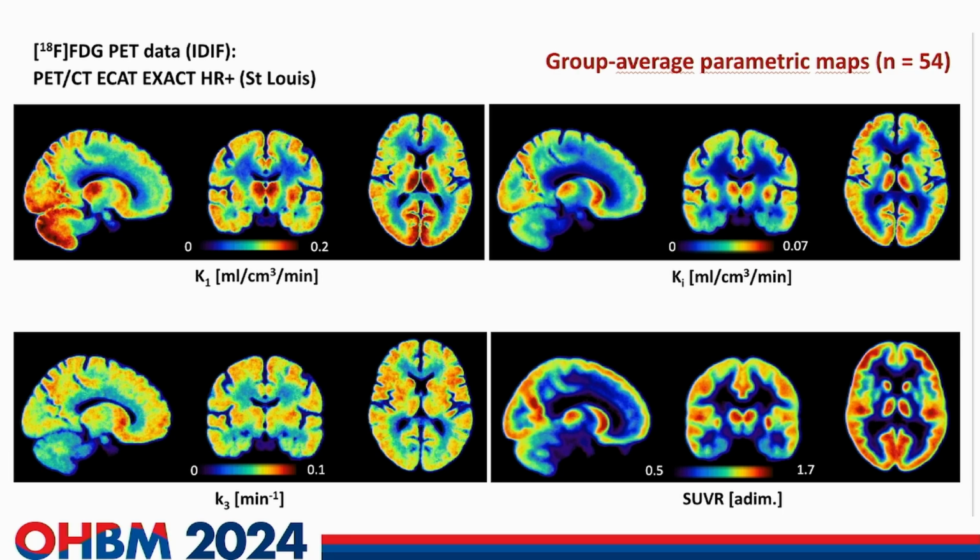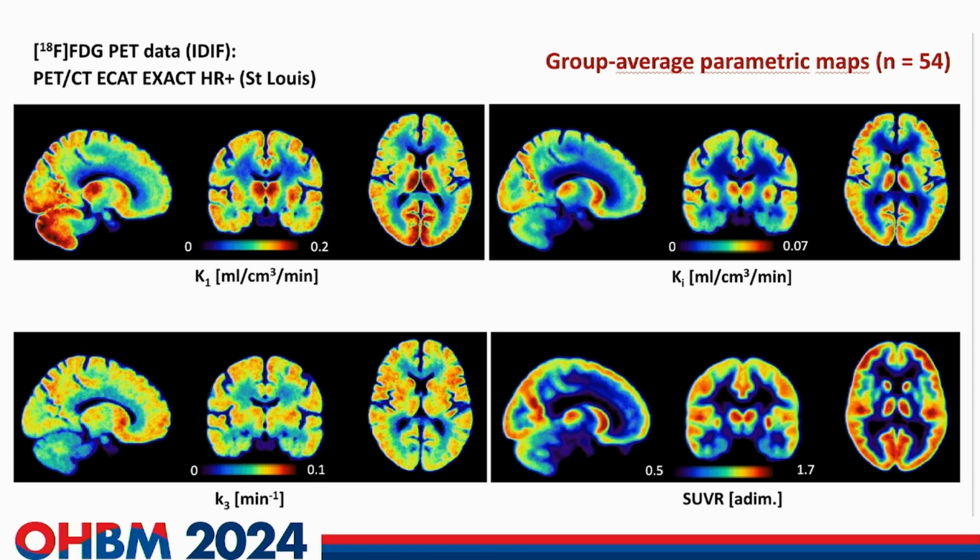And the interpretation: here K3, the phosphorylation rate, is giving us a slightly different picture from the Ki for the overall glucose consumption. Ki is a combination of K1, blood flow, BBB, and K3, phosphorylation. This is just phosphorylation, K3. K1 is related to blood flow and BBB.